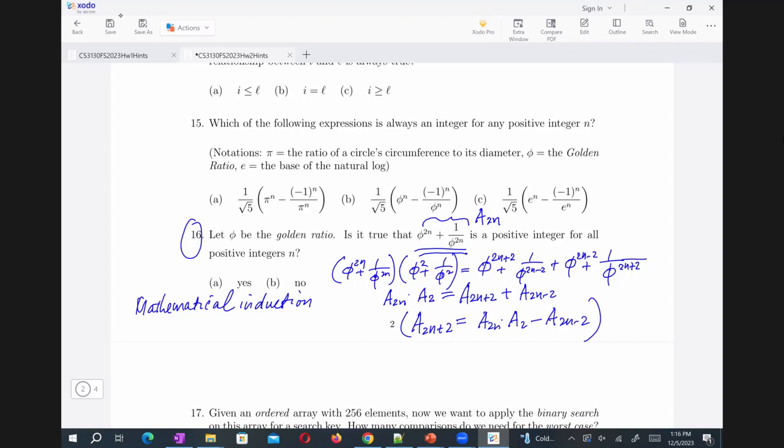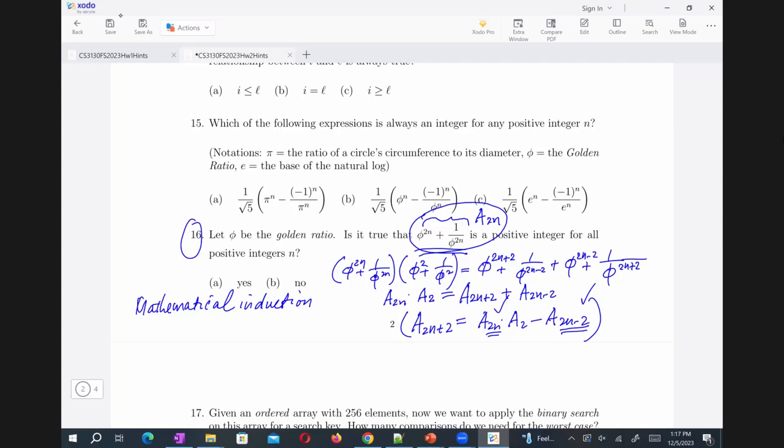The assumption is the formula like this should be a positive integer when the exponent is in a certain range. Here, 2n minus 1, 2n minus 2 are in the range, so positive integer.